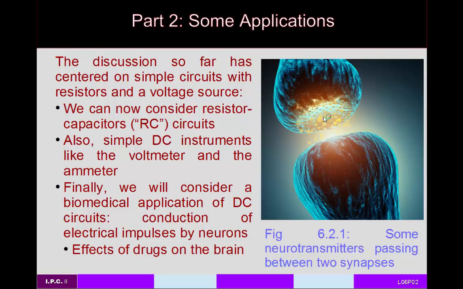I should say here before moving on that oftentimes this is popularly depicted as if there's sort of an electrical spark jumping from one to the other, and that is actually an incorrect depiction. What you see here is actually some neurotransmitters moving from one to the other. So we'll see if we can get to that at the end.